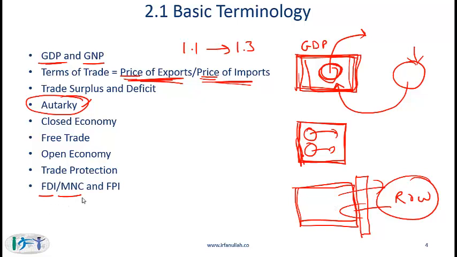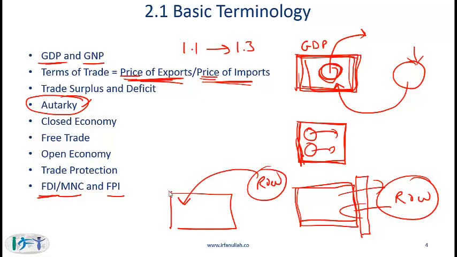FDI, MNCs, FPI, these are a few other important terms. FDI stands for foreign direct investment. With foreign direct investment, companies or entities from the rest of the world invest in our domestic country and build factories, for example.